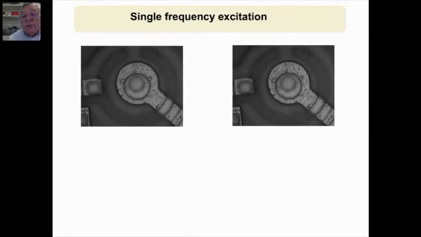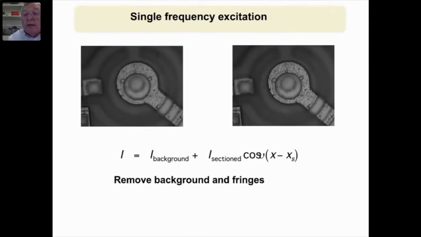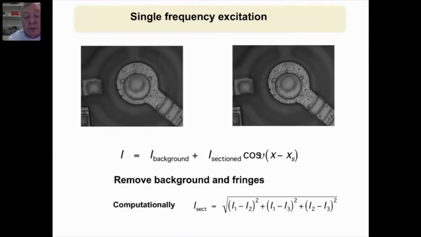So what you have to do is invent a way to get rid of the bits of the specimen where there are no grid lines, and then get rid of the grid lines. And so what you basically have is a background image which you aren't interested in, together with a sectioned image modulated by these fringes. And one way you can get rid of them is computationally.